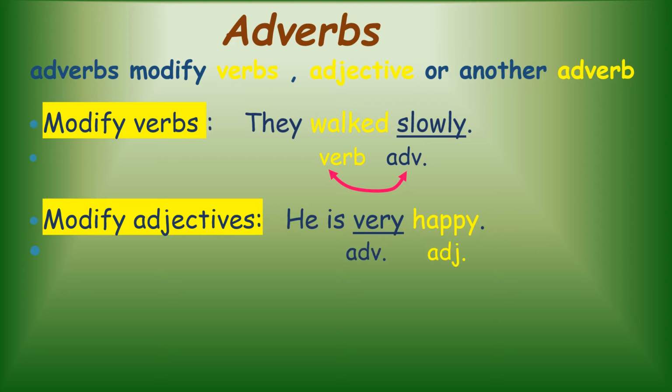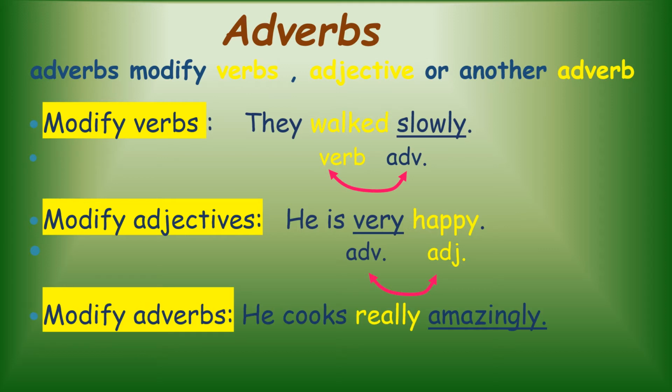So very is an adverb that modifies the adjective happy. Adverbs can also modify another adverb. He cooks really amazingly. Really is an adverb that modifies another adverb, amazingly.